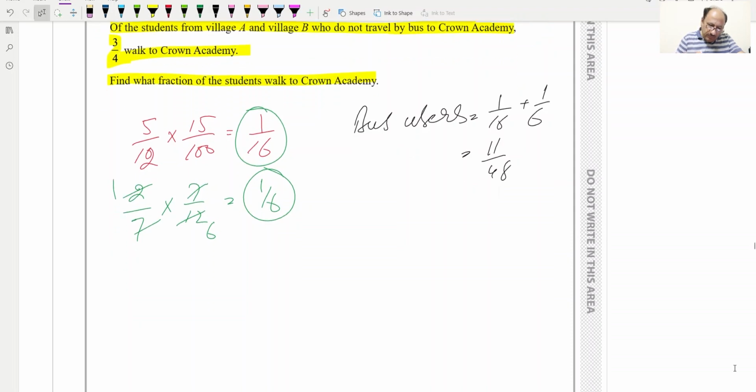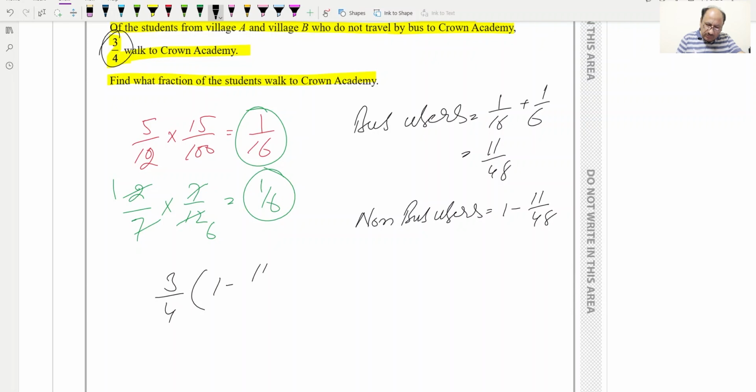Now what will remain? Non-bus users will be equal to 1 minus 11 over 48, and they are saying 3 by 4 of the non-bus users walk, which is what we need to calculate.